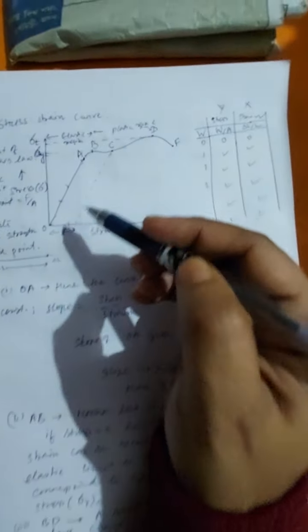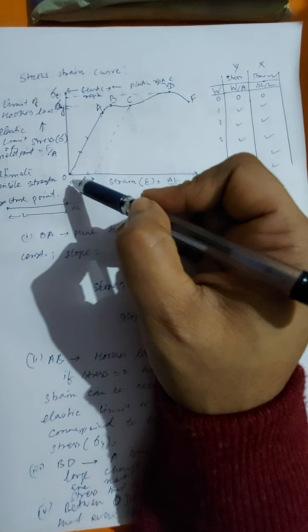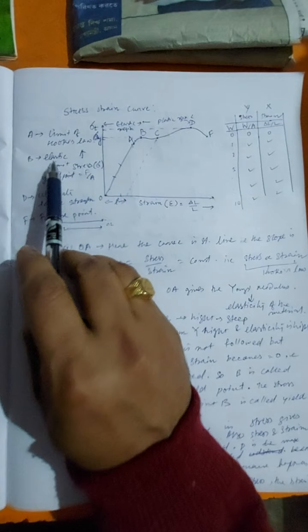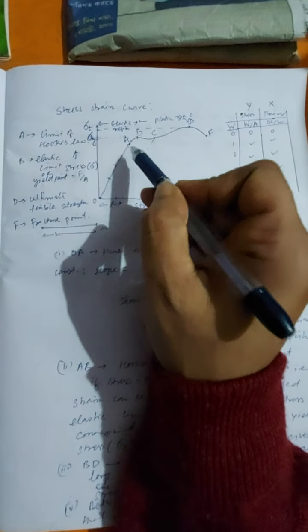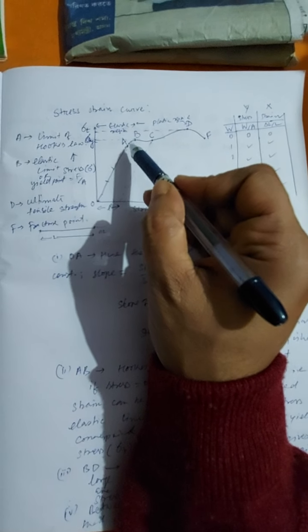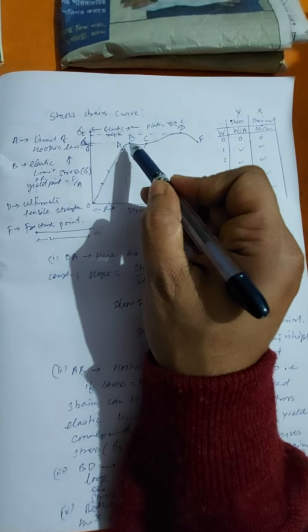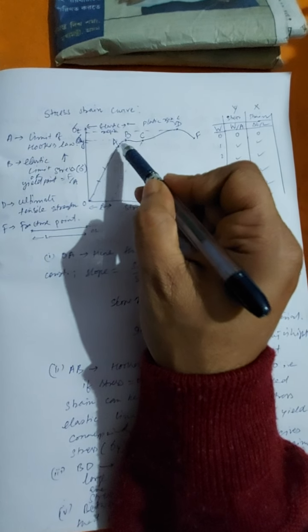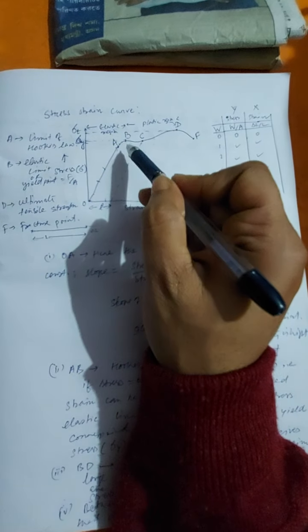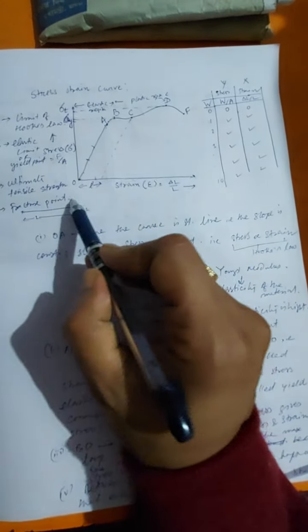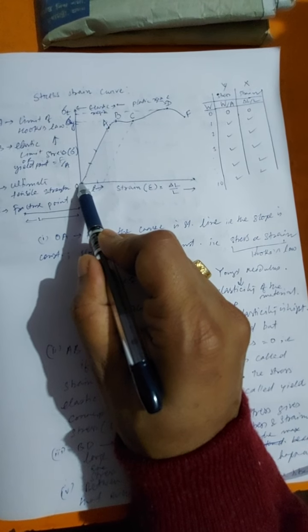So let us take a quick review of this graph. From O to A is the limit of Hooke's law. From O to A, Hooke's law is followed. From A to B, though Hooke's law is not followed, the material is still elastic, because from O to B, at any point, if we remove the stress, the material can get back to its original length.